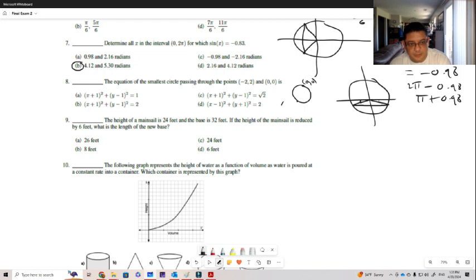This is 0, 0, and this is minus 2, 2, so you're actually gonna find the center, and the center is the midpoint of those.